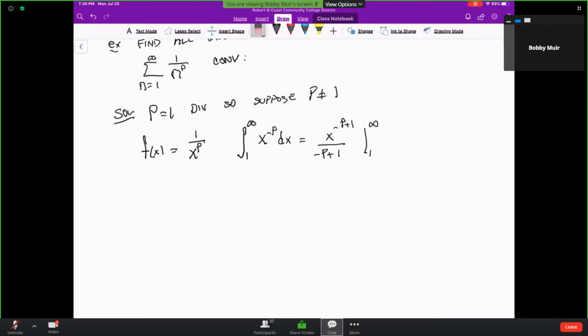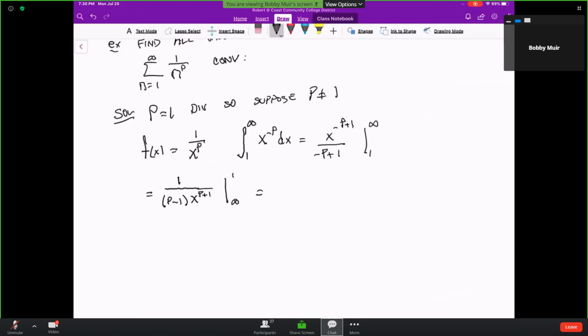So this is going to equal, if I multiply everything by a negative, 1 over p minus 1, x to the negative p plus 1, evaluated at 1 and infinity.